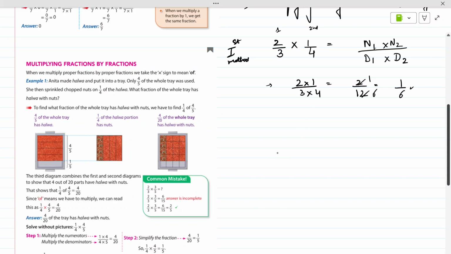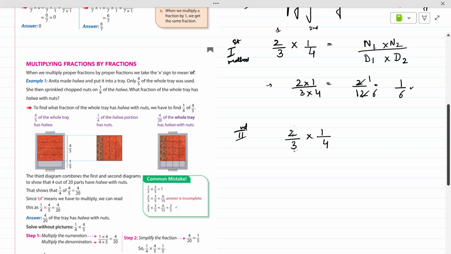Also, with the second method, we can solve this question like this: 2 by 3 into 1 by 4. See kids, we know that all the numerators, they are in division with the denominators here. 2 by 3 means this numerator, that is 2, has to be divided into 3 parts.